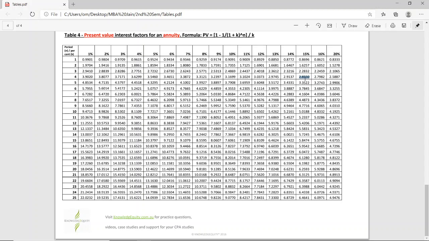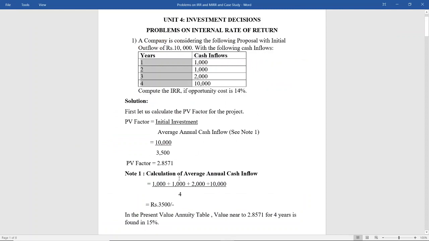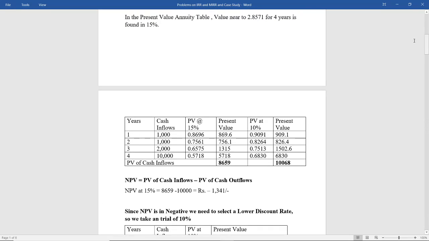In this entire 4 years row, this is the only place where it is nearing. Now corresponding to this, what is the percentage? What is R? R is 15%. So in the present value annuity table, the value near to 2.8571 for 4 years is found at 15%.